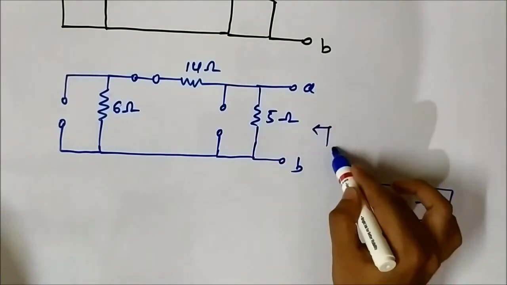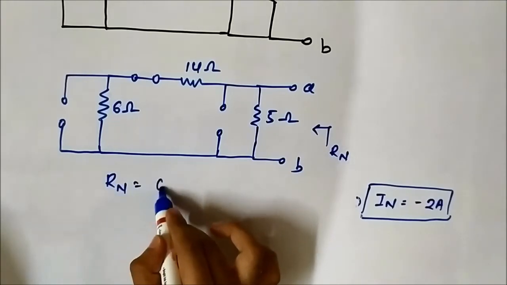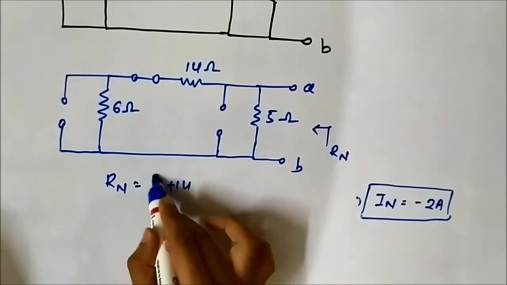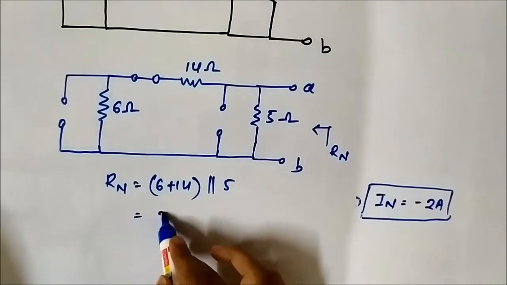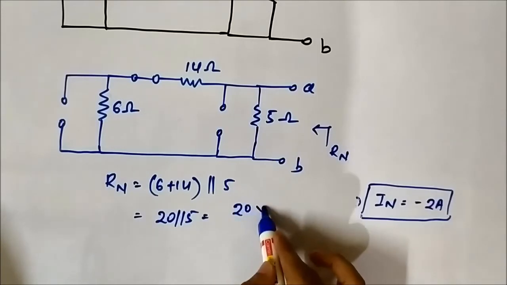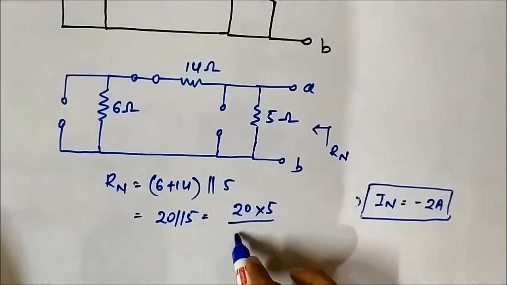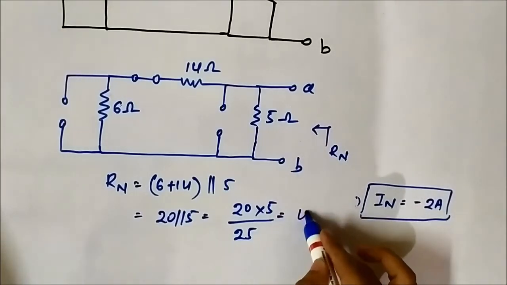So Rn will be 6 plus 14 parallel with 5, that is 20 parallel 5. It is 20 into 5 by 20 plus 5, which is 25, which is 100 by 25, which is 4 ohm.